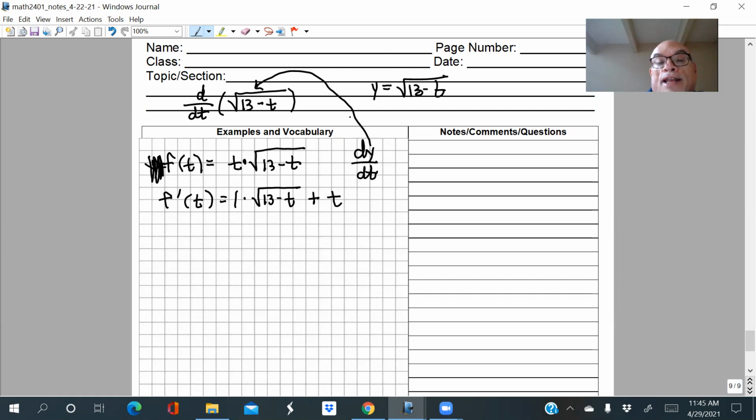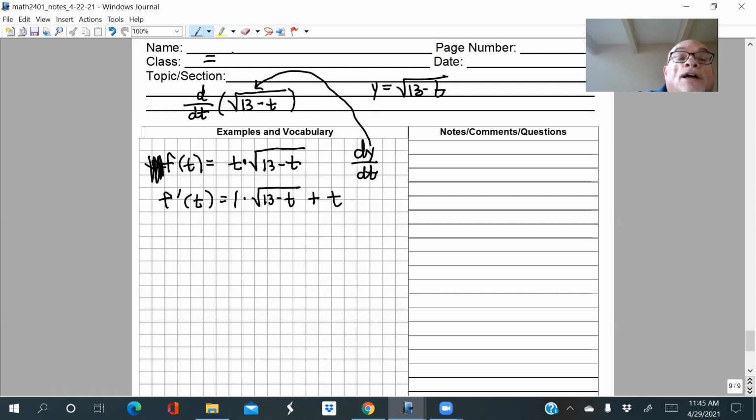But instead of writing the y, I just directly wrote square root of 13 minus t. So that's how that notation means derivative. All right, so that was all just kind of miscellaneous comment there. But now how do I find the derivative of square root of 13 minus t?